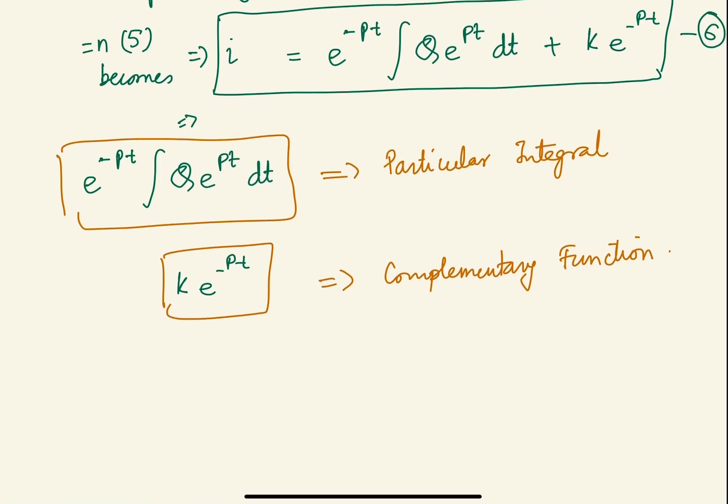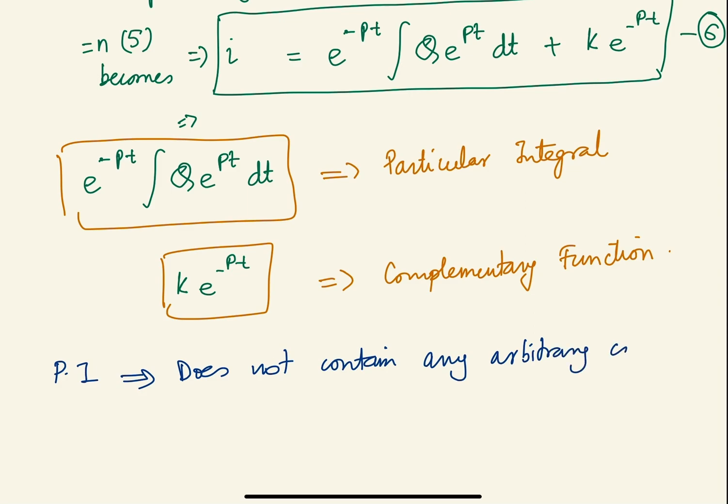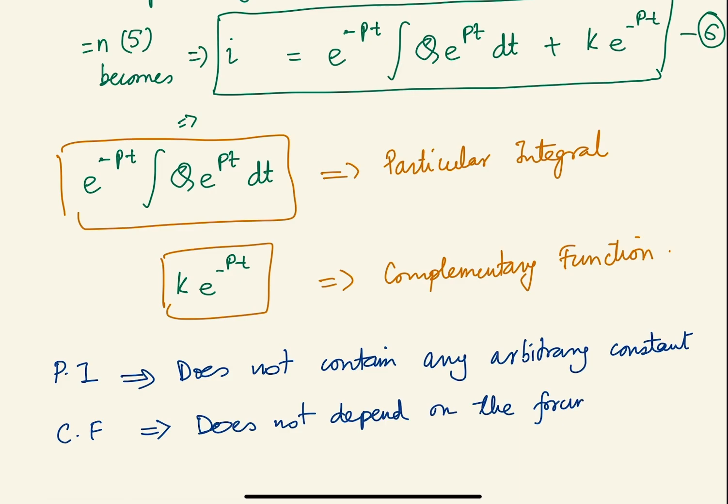Now if you take a look at the particular integral term, we find that it does not contain any arbitrary constant, and the complementary function, that is CF, does not depend on the forcing function Q. So two things to note here: the particular integral does not have any arbitrary constants.